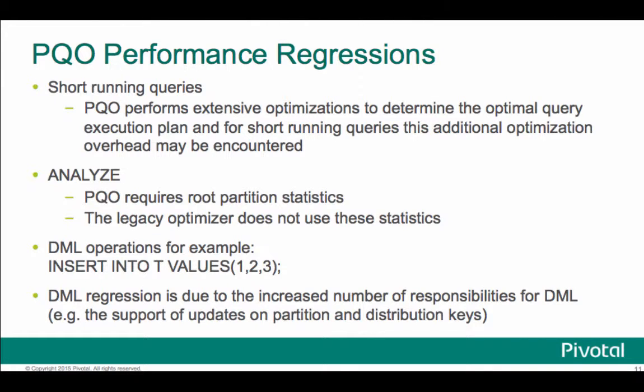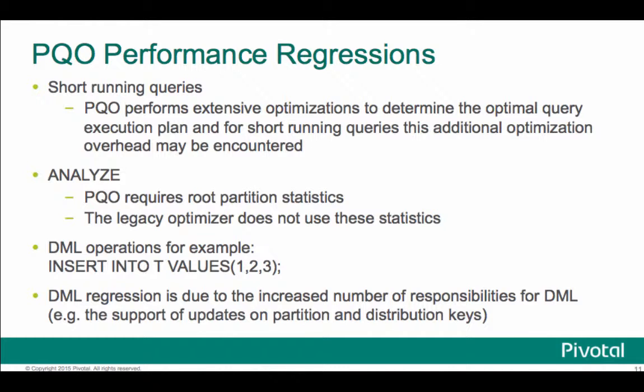So with PQO, there are some trade-offs in the performance that we get for big queries across big data. One of the trade-offs is that short-running queries tend to take longer, because of the additional optimization overhead. With Analyze, as I mentioned before, it requires root partition statistics.